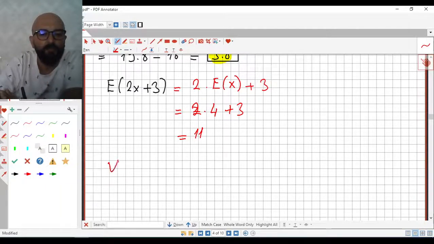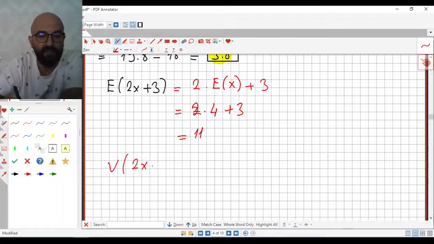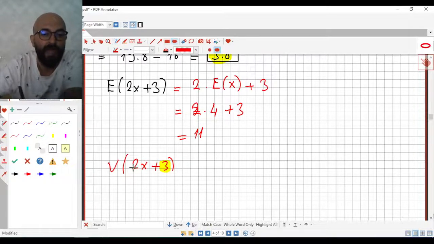We want to find the variance of 2x plus 3, and please remember that plus 3 doesn't affect variance, only 2 affects variance.